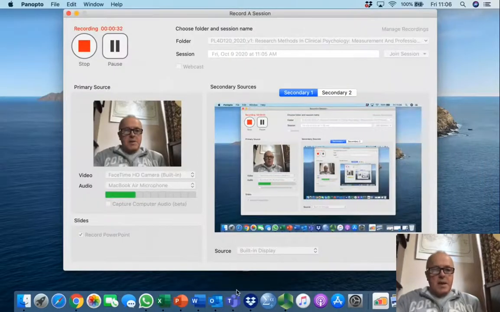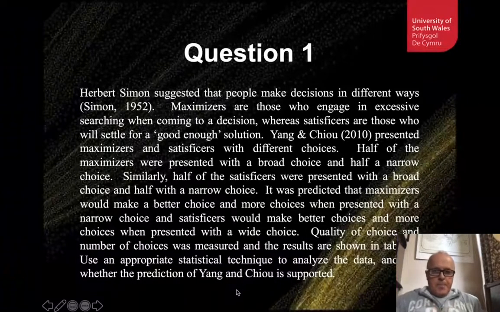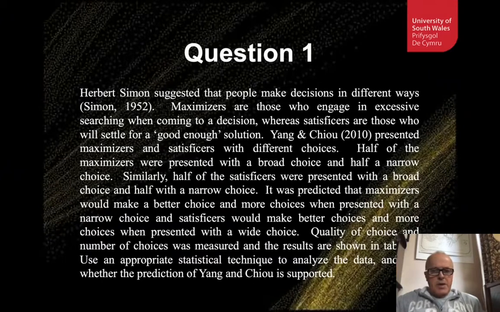And Yang and Chu 2010 presented maximizers and satisficers with different types of choices. Half were presented with a broad choice set and half with a narrow choice set. Similarly, half of the satisficers were presented with a broad choice set and half with a narrow choice set.